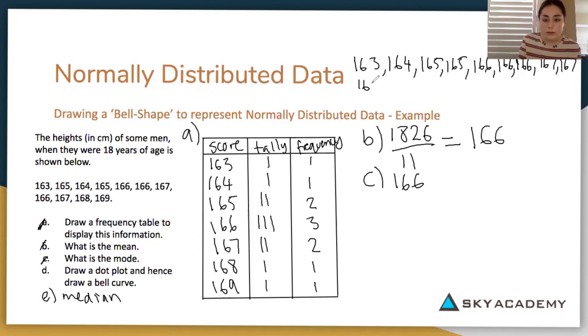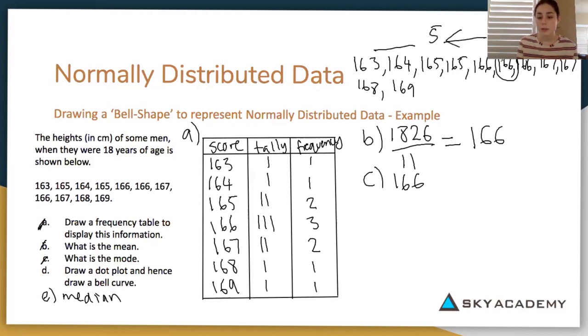I know I have 11 scores. So halfway it's going to be around 5 and 6. So I go 1, 2, 3, 4, 5. So I want this score. Now I have 5 on this side of my number and 5 on the other side of my number. This score here is going to be smack bang in the middle, 166.